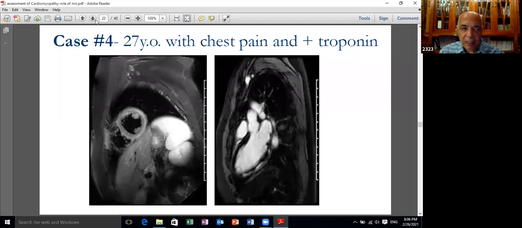Obviously, if ischemia gets much more perpetuated, then it changes from subendocardially based delayed gadolinium enhancement to transmural delayed gadolinium enhancement. But sometimes myocarditis changes into mid-myocardial as it evolves into the fibrotic stage.